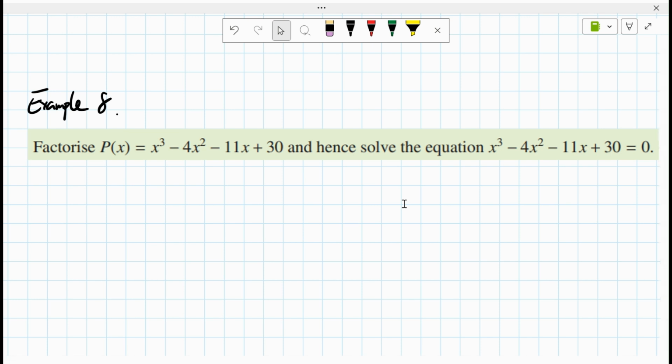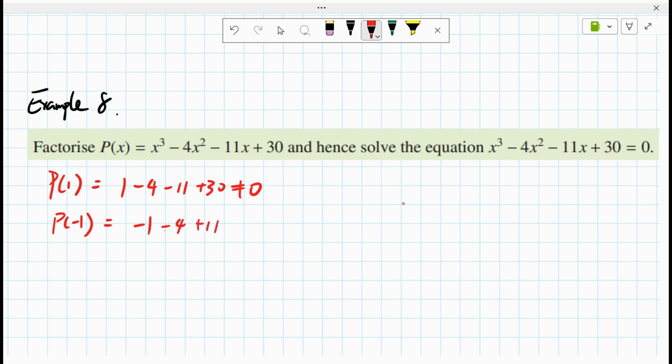Now let's try this one. We have x cubed minus 4x squared minus 11x plus 30, and we want to solve the equation equal to 0. Perfect. Now we're going to find our first factor. Let's try P(1): 1 minus 4 minus 11 plus 30, that's not equal to 0. Let's try minus 1: minus 1 minus 4 plus 11 plus 30, that doesn't equal 0 either.